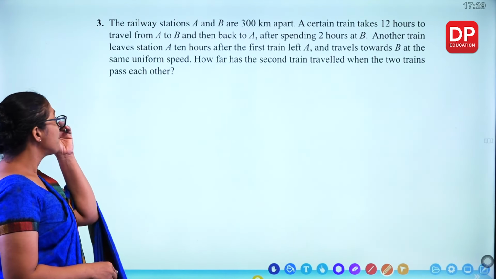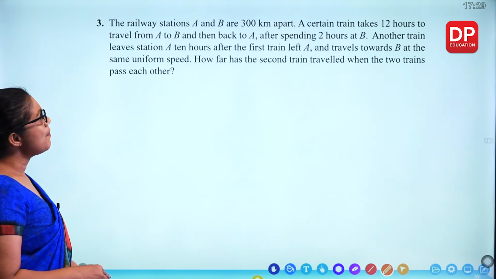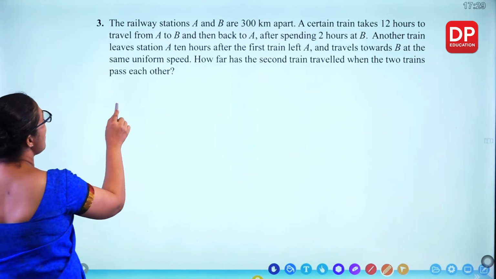Question number 3. The railway stations A and B are 300 kilometers apart.